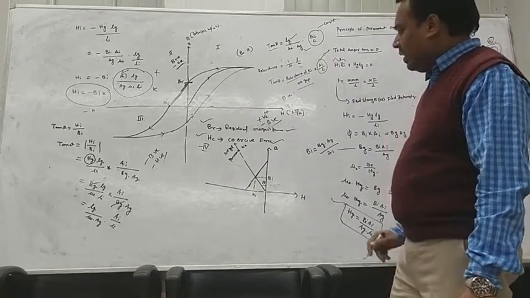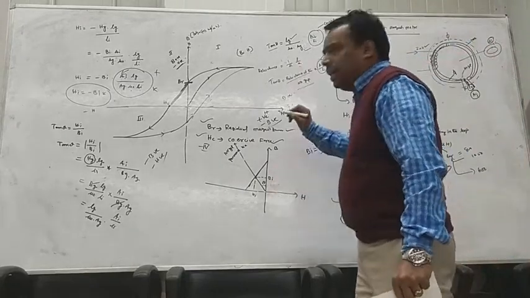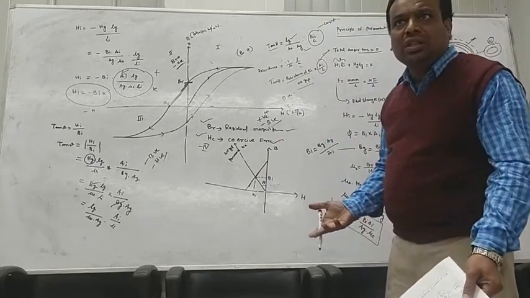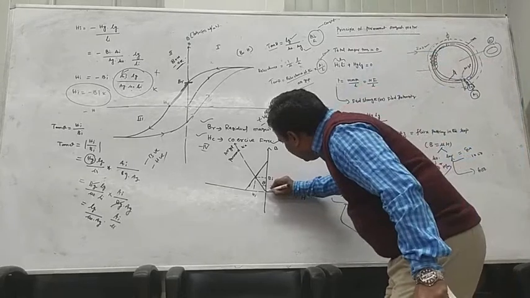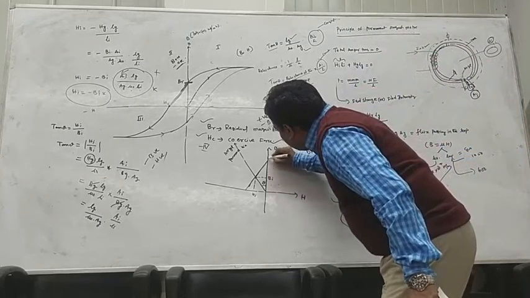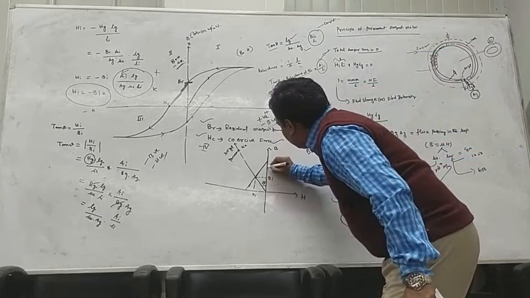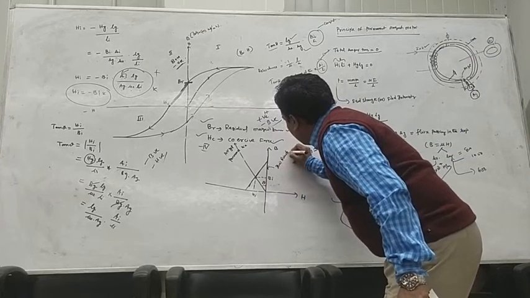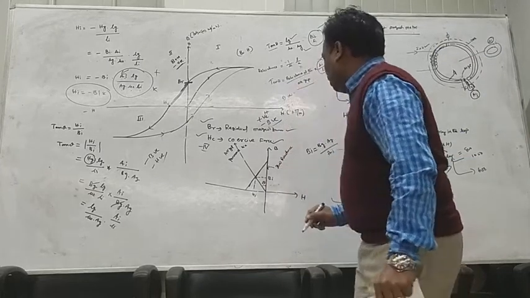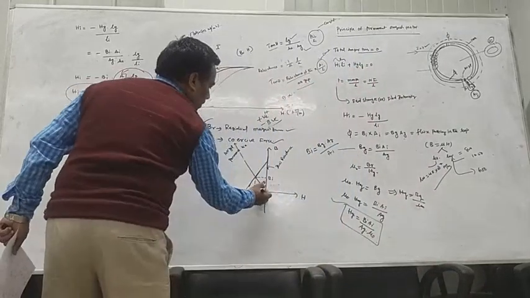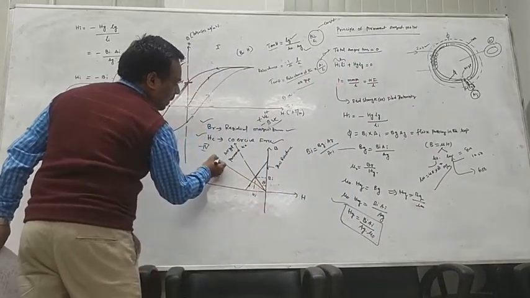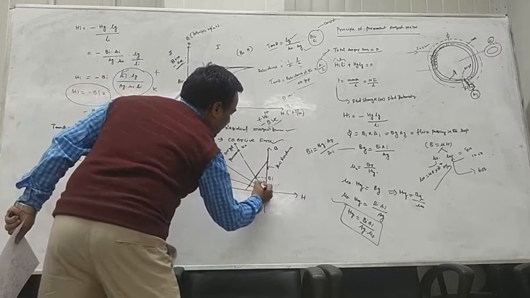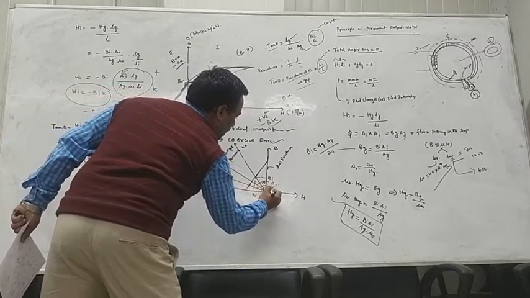It means that if you decrease the theta value, the reluctance value goes to 0. At this point it is a 0 angle, so it means 0 reluctance. If I increase this angle, this is theta 1 and this is theta 2.